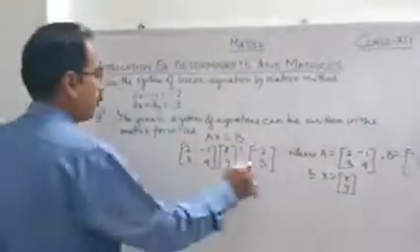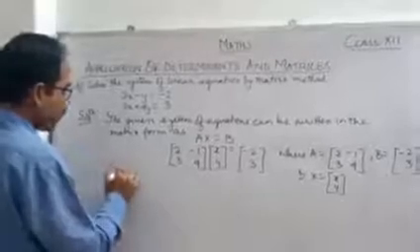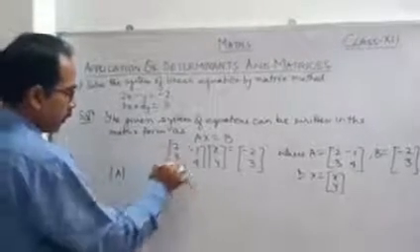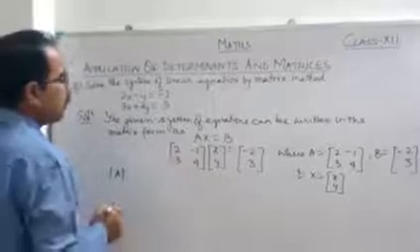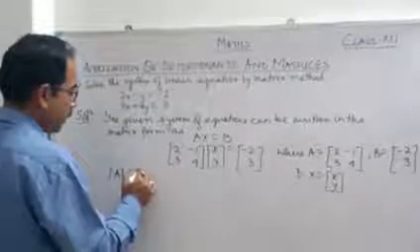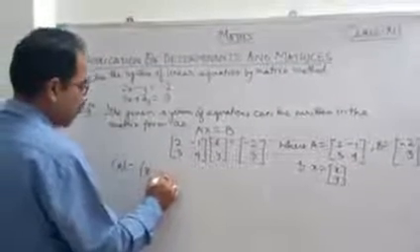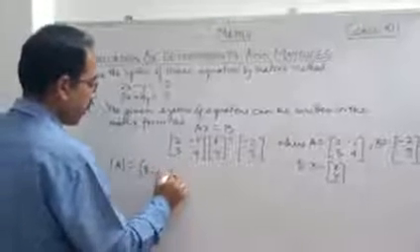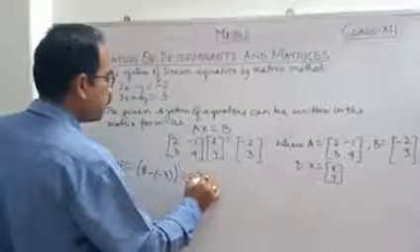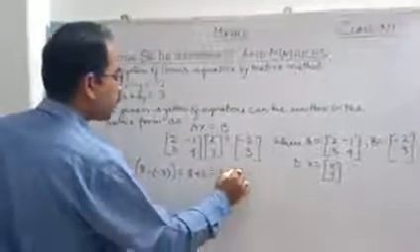Now what we have to do, first of all, is find the determinant of A. This is the matrix A, so the determinant of A will be 8 minus of minus 3, that is 8 plus 3, which is equal to 11, which is obviously not equal to 0.